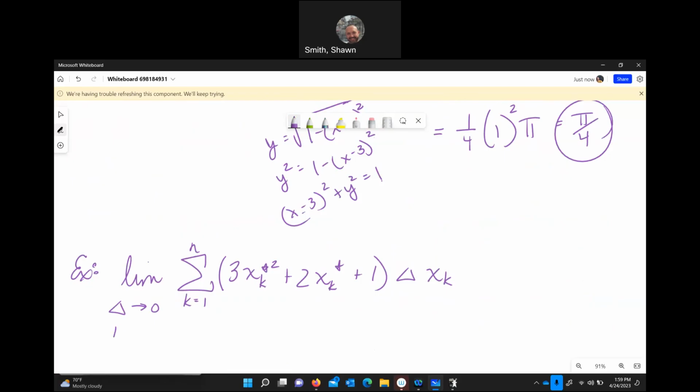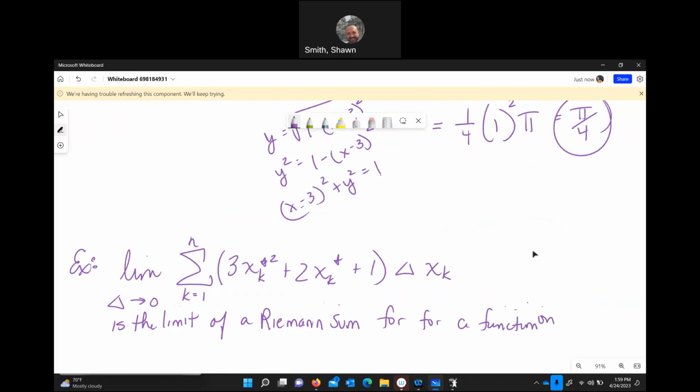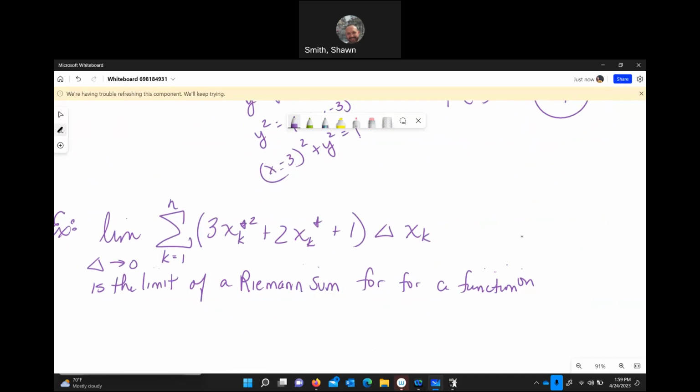So this is the limit of a Riemann sum for a function on an interval, let's call it a to b.